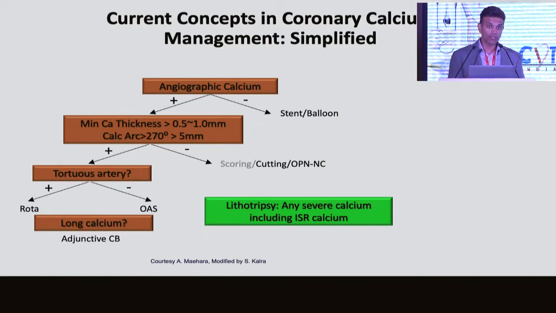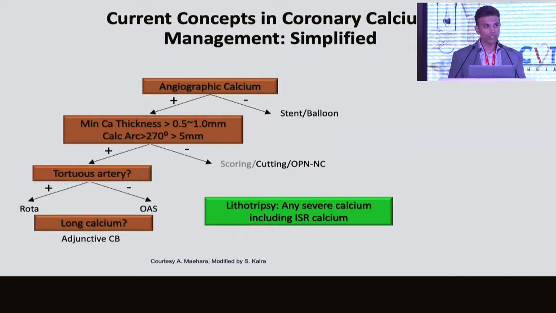It's 1.7 points on that algorithm where it takes into account the size of the arc, so over 270 degrees, the diameter or the thickness of the calcium, so greater than 0.5 to 1 millimeter, the length of the calcium, so greater than 0.5 millimeters at an arc of over 270, and the presence of a nodule, 1 point for each of those. Over 1.7 points means you need some sort of calcium modification technology, which basically means if you have more than one of these things, you're going to be picking something out of your armamentarium.